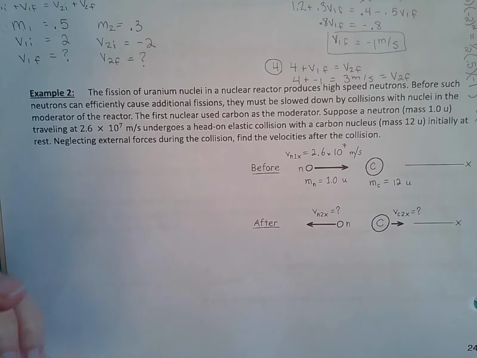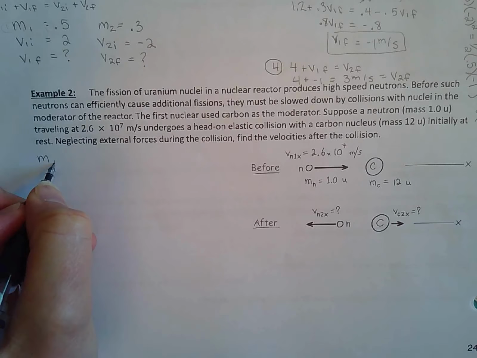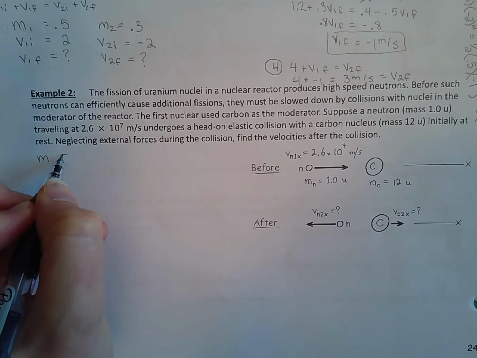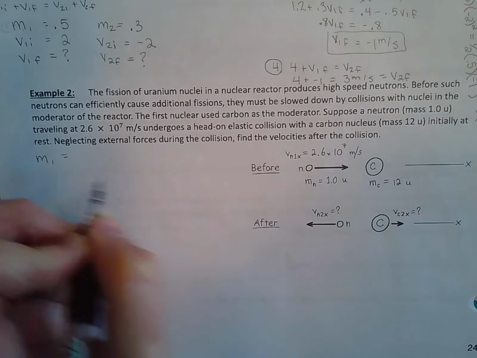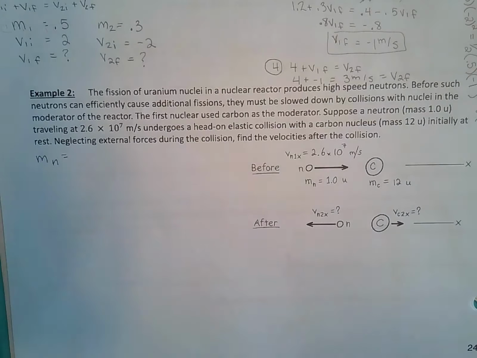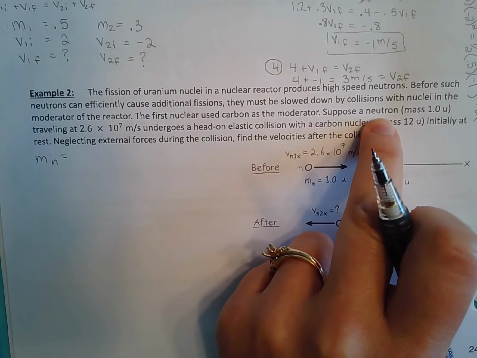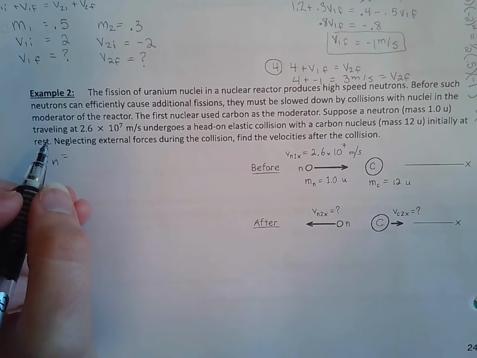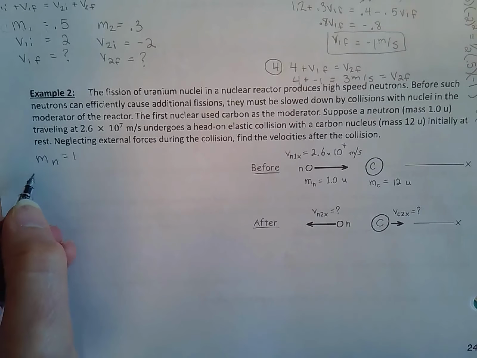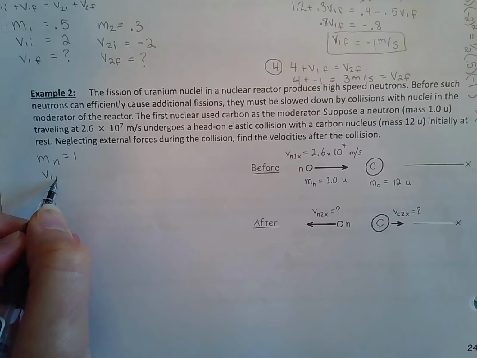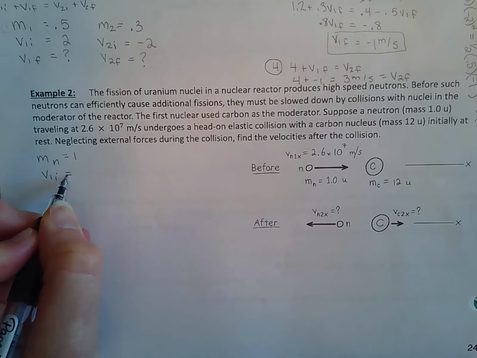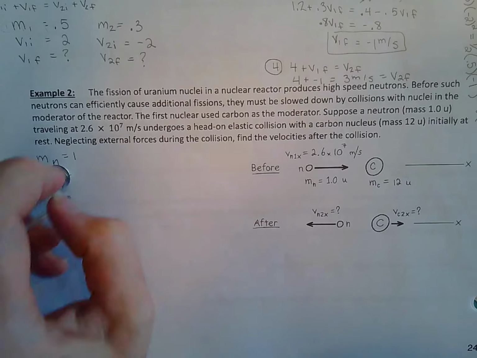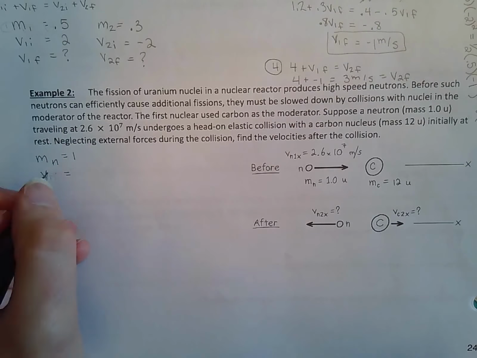All right, let's go. So we have M1. Can you see? Yeah, you can read. M1 is, I guess they have an N, for the uranium nuclei, a neutron. This is a neutron with a mass of 1. The initial velocity of that object, I guess they use an N here instead of a 1. Doesn't really matter.